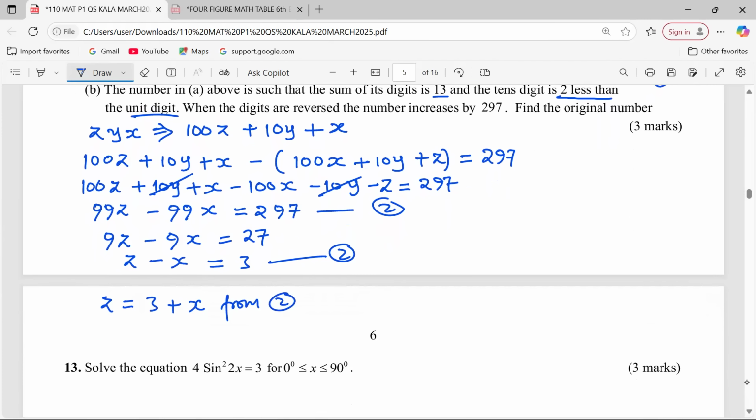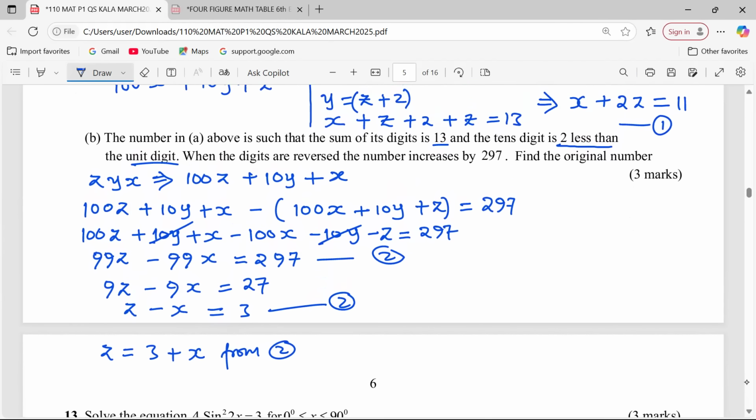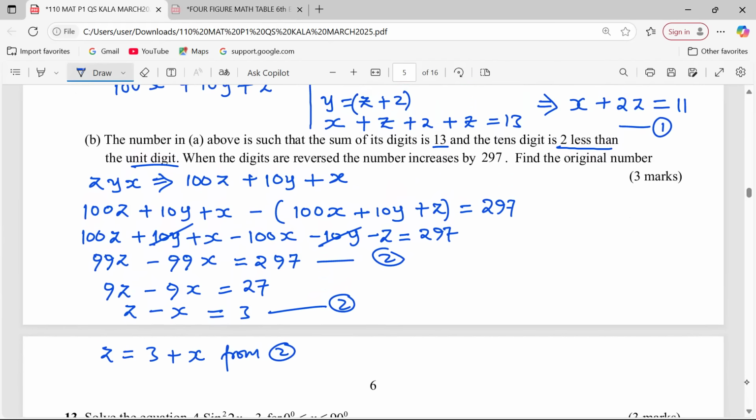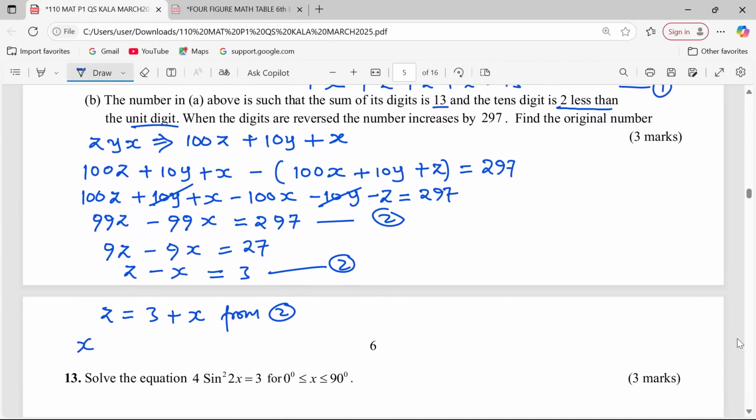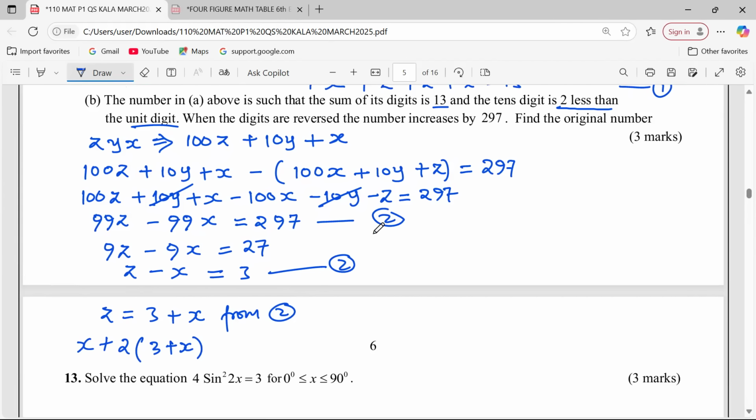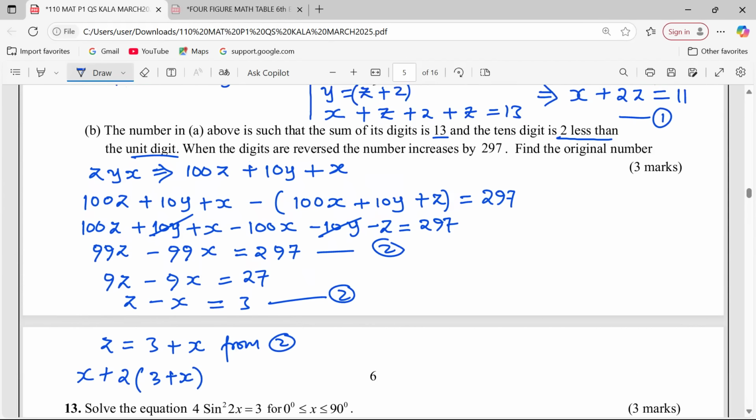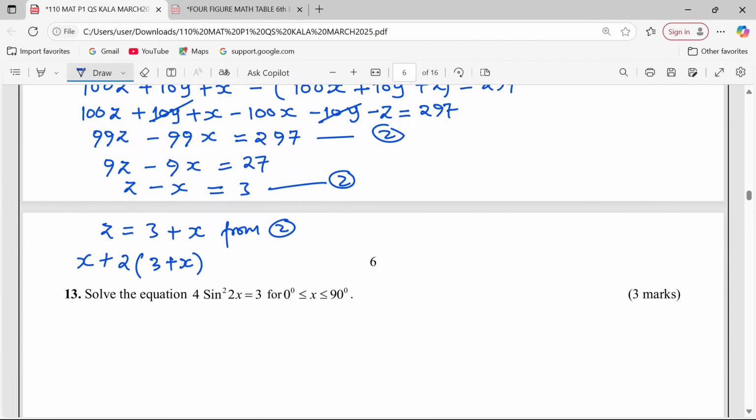Then we can rewrite equation 1 because we want to solve them simultaneously. X plus 2Z, with 3 plus X instead of Z, is equal to 11.